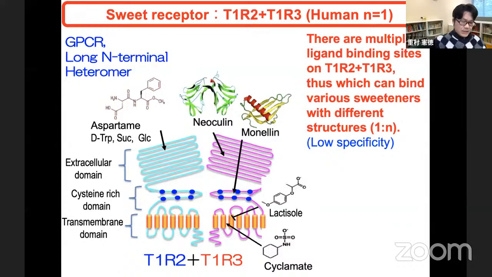Now we know the answer to the question about the existence of various sweeteners. That is, there are multiple ligand binding sites on T1R2 and T1R3, which can bind various sweeteners with different structures.